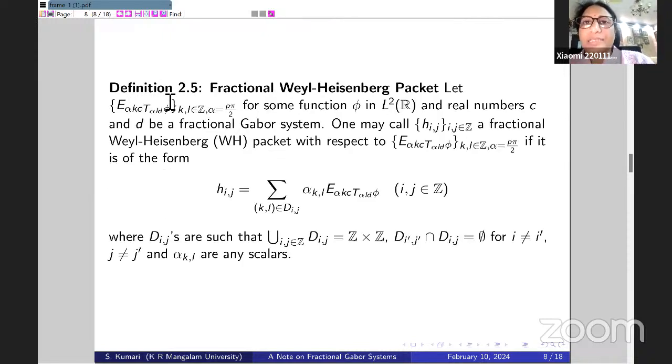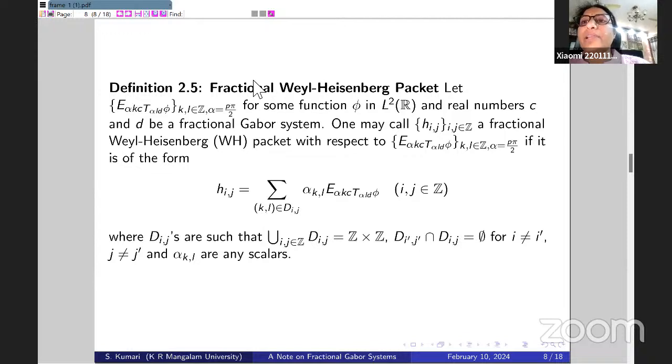In the next definition, a fractional Weyl-Heisenberg packet is defined, where we have taken the translation and modulation part for some function φ in L2(R), and real numbers c and d, forming a fractional Gabor system.